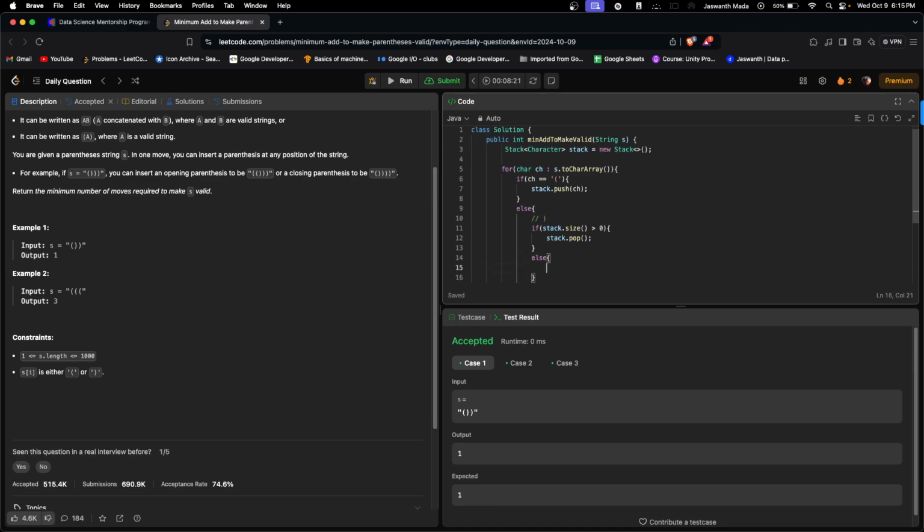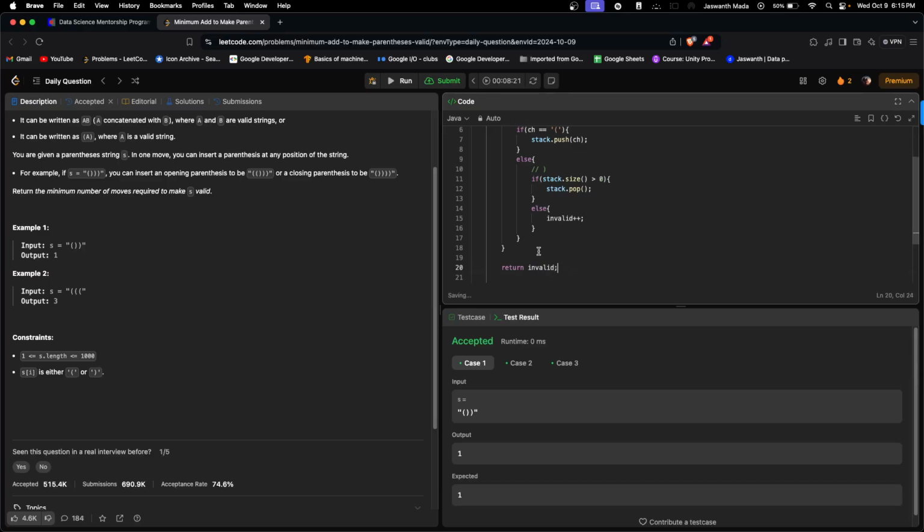Else, if the stack doesn't have anything, then the number of invalid will be increased. I'll declare this as 0 at the beginning, and at the end I'll just return the invalid.